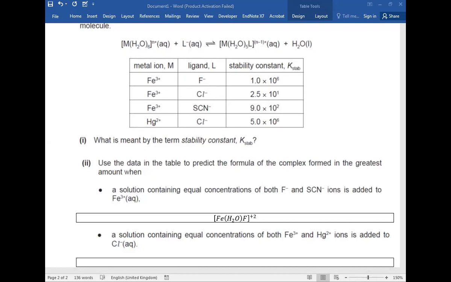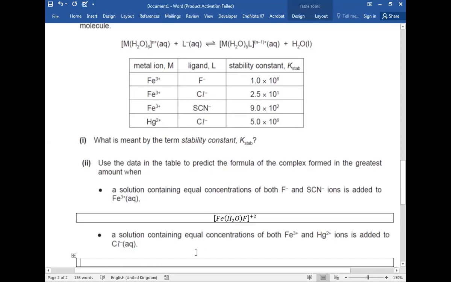Both iron and mercury were there. It is added to a solution that already contained chloride ions. So two complexes could have formed: mercury with chloride and iron with chloride.